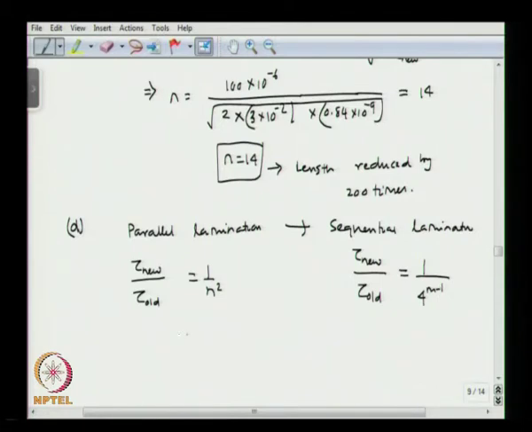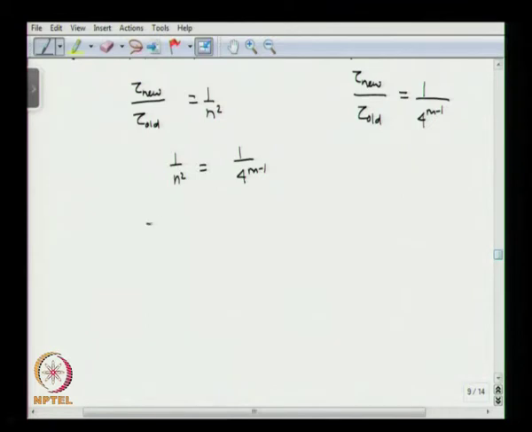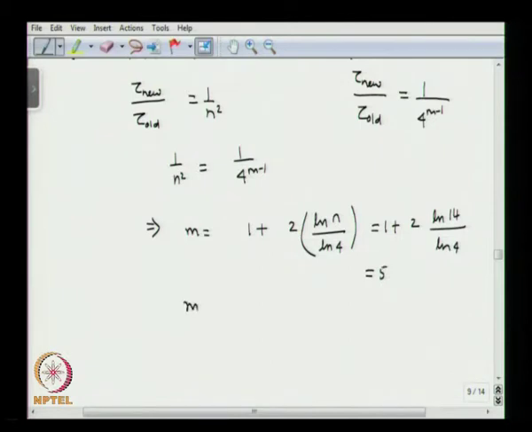So for the same improvement, 1 over n square will be equal to 1 over 4 to the power m minus 1. So we can find m equal to 1 plus 2 ln n divided by ln 4, which will be 1 plus 2 ln 14 divided by ln 4, so m will be equal to 5.